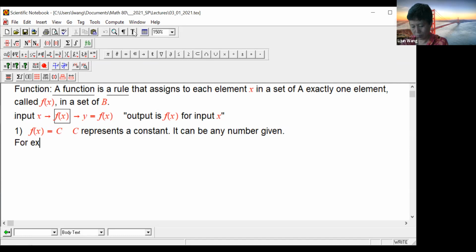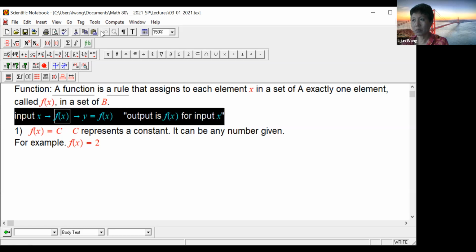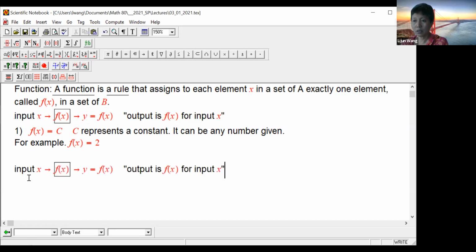For example, I can give you a function f of x where the constant is 2. And what does it mean? It means that you have input. Your input is x. The output is going to be 2. You give me any input, I will produce the output 2.